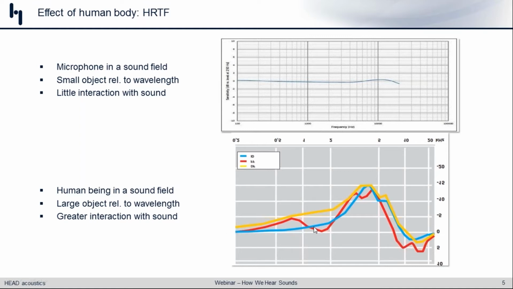Because we have a specific height and width and shape to us, the acoustic pressure that is measured at our eardrums is going to be something along the lines of these curves, depending on the sound field that we are in. Because we are a larger object and because we have much larger interaction with the sound waves.